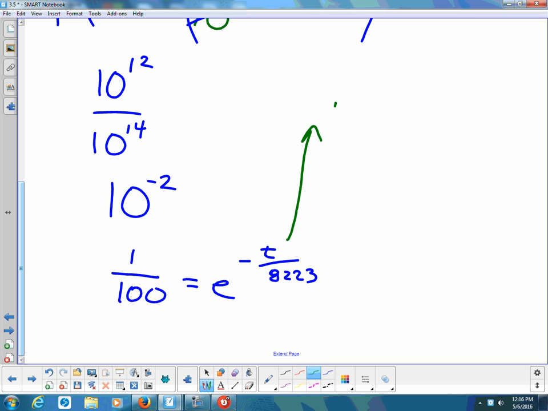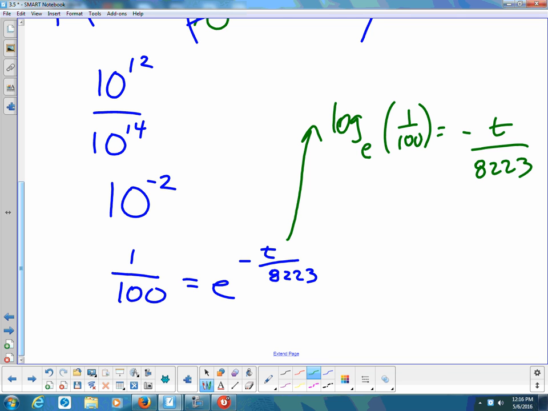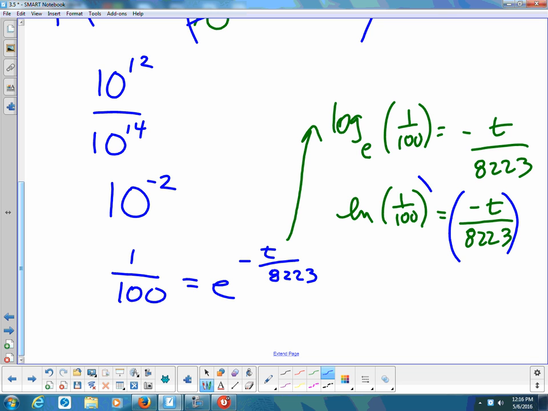Log to the base e of 1 over 100 equals negative t over 8,223, or we can say ln of 1 over 100 equals negative t over 8,223. Then what? Multiply by 8,223. All right. Well, how about multiplying by a negative 8,223? Yeah.